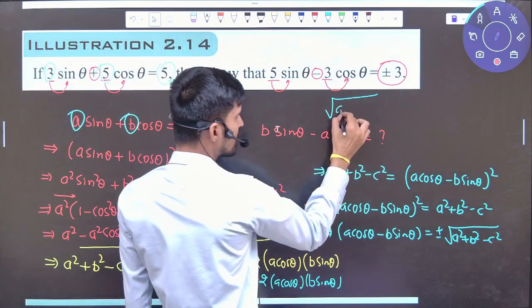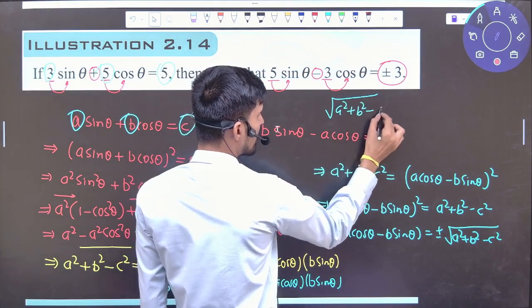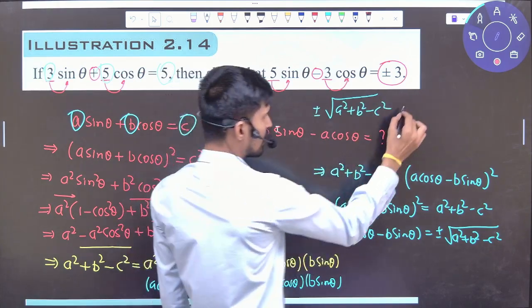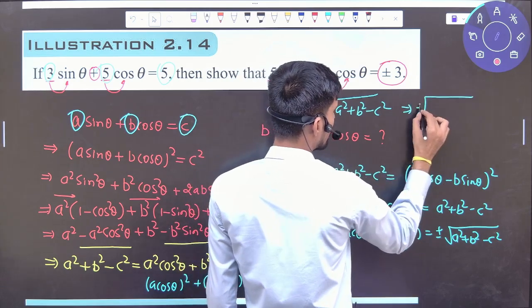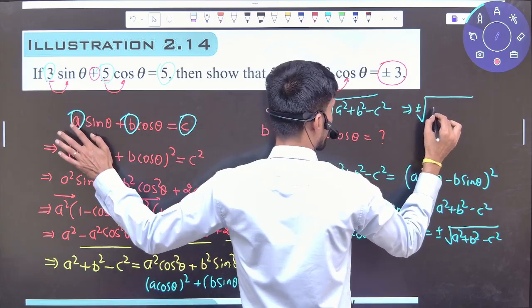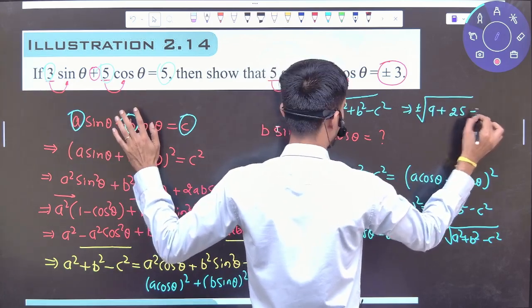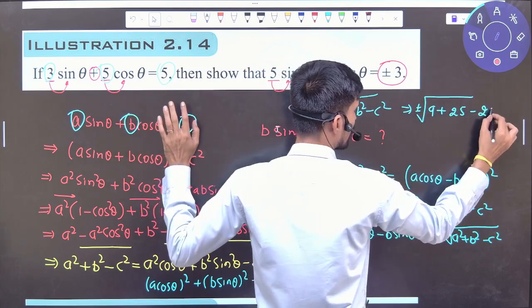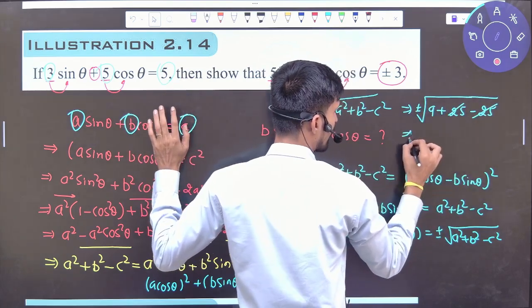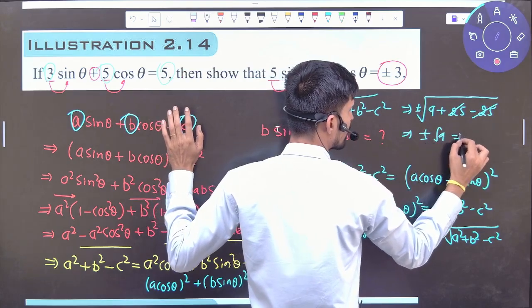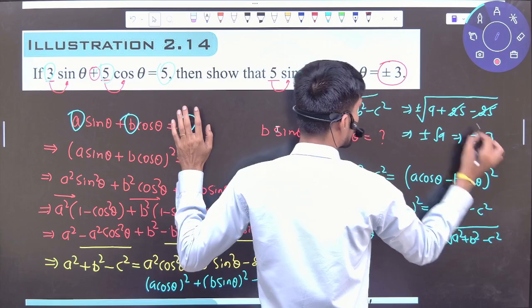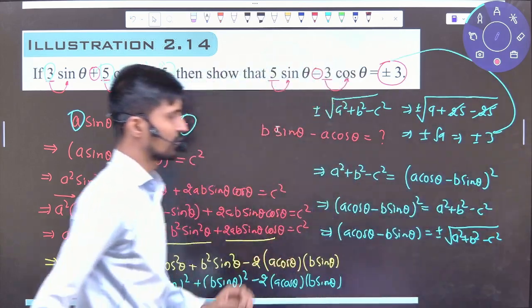So what will be the answer? Plus minus root of a square plus b square minus c square. And what is a? 3 square, 9 plus what is b? 25 minus c square. What is c? 25. These both cancel. And what did we get? Plus minus root 9. What is root 9? 3. So plus minus 3, we got.